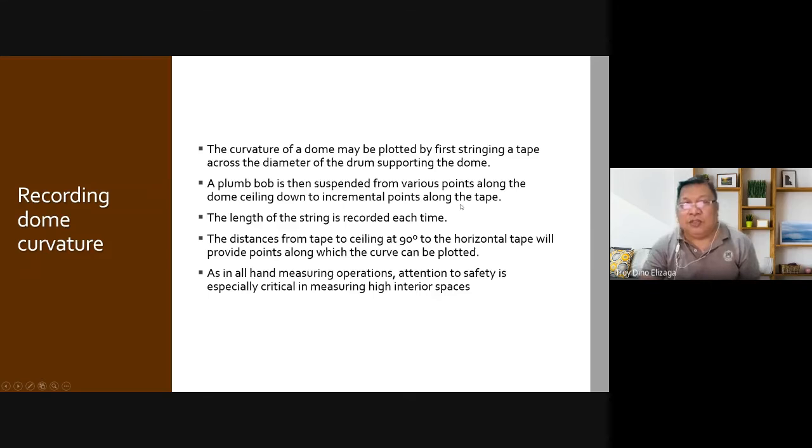So this assumes that you have scaffoldings and that you can actually reach the ceiling of the dome so that you can pick a point and then drop a plumb bob. Okay. Now the length of the string is recorded each time. The distance from tape to ceiling at 90 degrees to the horizontal tape will provide points along which the curve can be plotted. As in all hand measuring operations, attention to safety is especially critical in measuring high interior spaces.